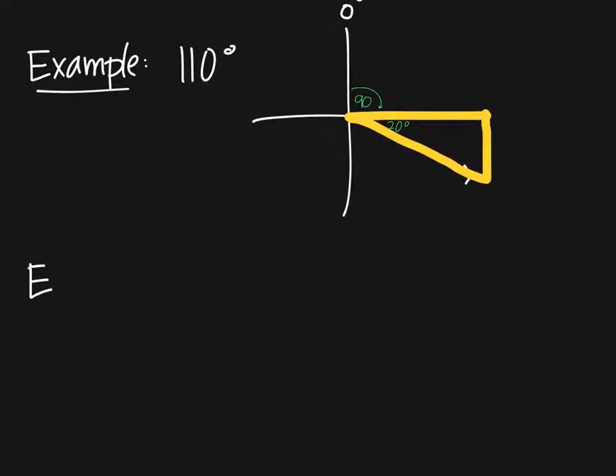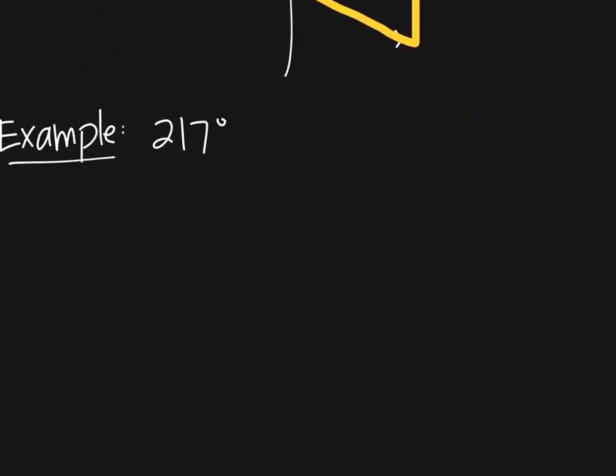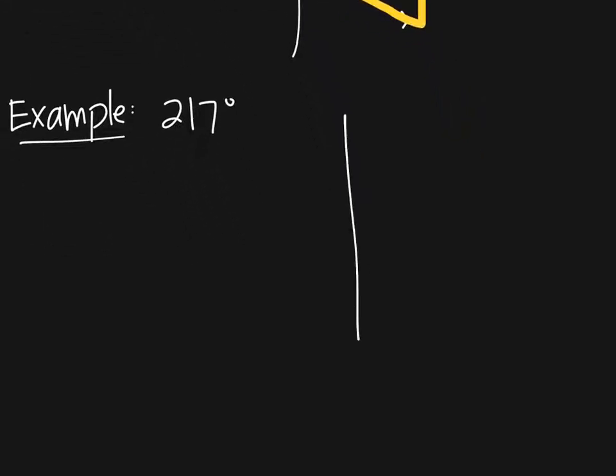What if it would be something like this? What about 217? All right, what quadrant is 217 in? It's in quadrant 3. Now it doesn't have to be perfect, but somewhere in quadrant 3.